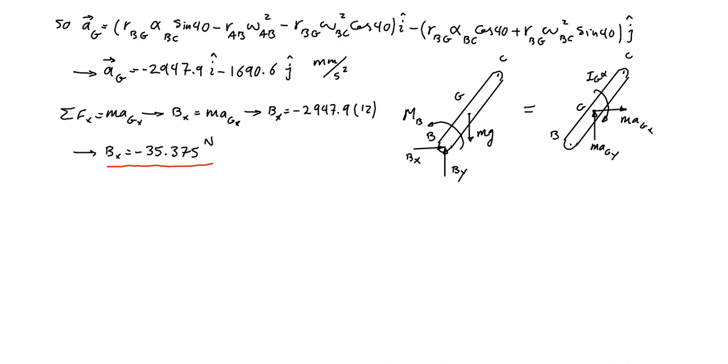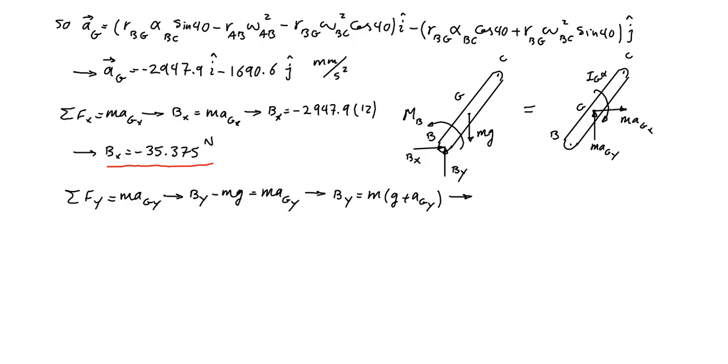In Y direction, summation of forces in Y direction is m a G y. That means B y minus mg is equal to m a G y. From there, I can move that to the other side: B y is m times g plus a G y.